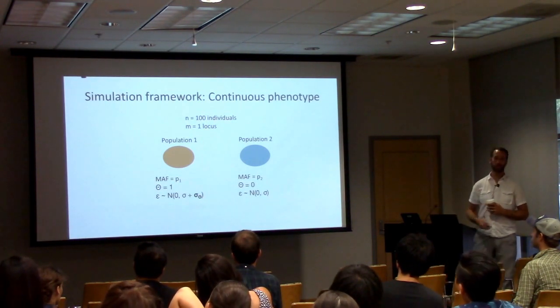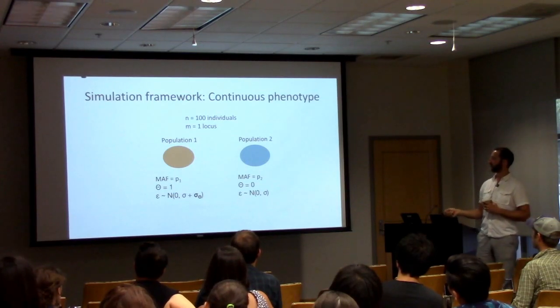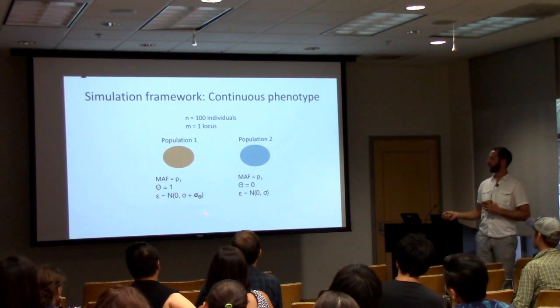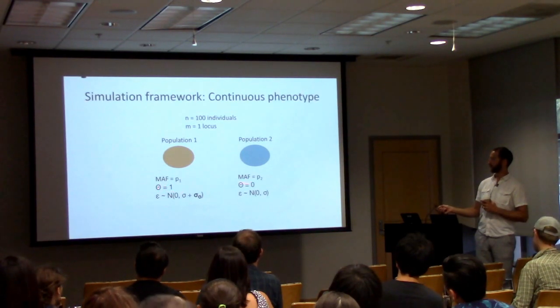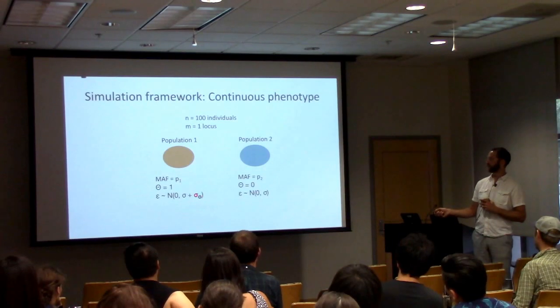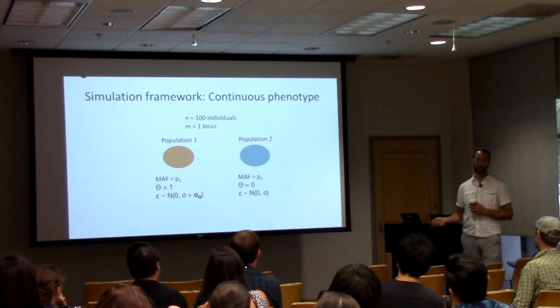So let's just look at some simulations. We'll have population 1 and population 2, and we'll look at 100 individuals, and we'll just choose one SNP, and in population 1, we'll have theta equals 1. In population 2, theta will be 0. They'll have different variances. And so this one has a different variance than this one. Population 1 has a higher variance than population 2.